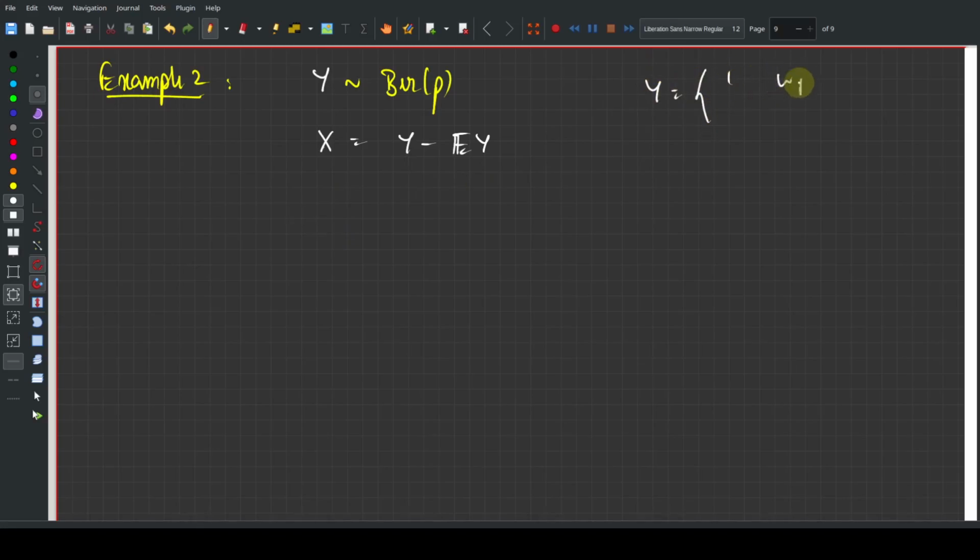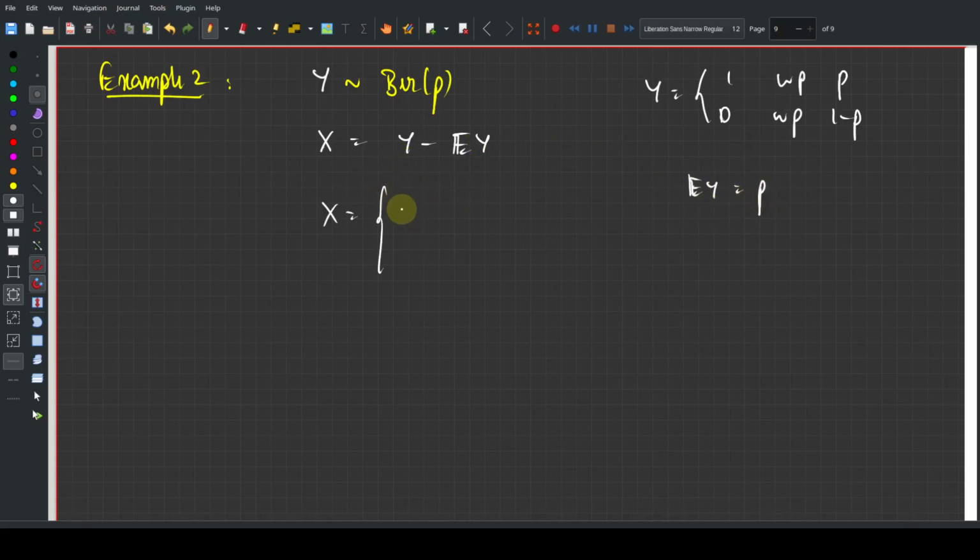y is 1 with probability p and 0 with probability 1 minus p. So what can I say about x, the distribution of x? What is expectation of y? Expectation of y is equal to p.